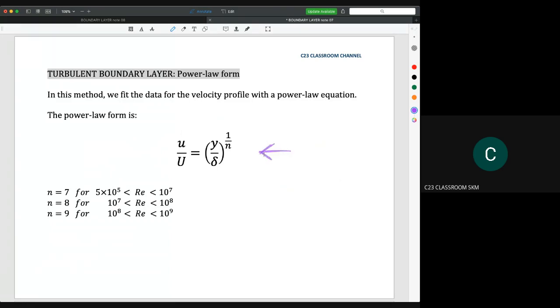Okay, the power here is 1 over n. So n here is an integer. It can be 1, 2, 3, 4, 5, and so on. It is actually unlimited, but normally in our syllabus we are using these numbers because in normal applications, except for aeronautics, we are not talking about the aeroplane and so on.